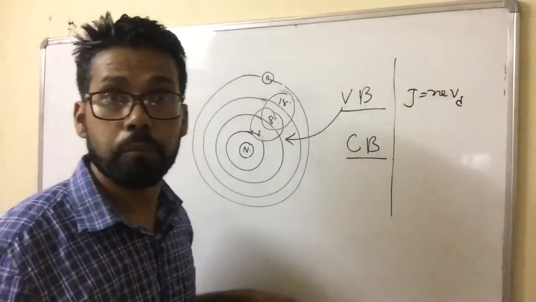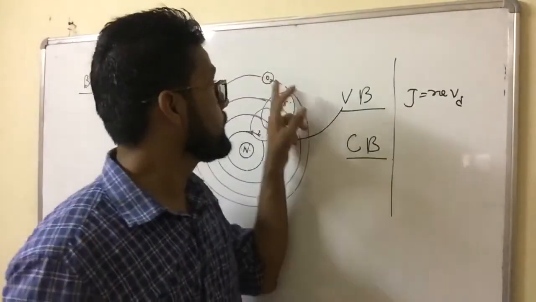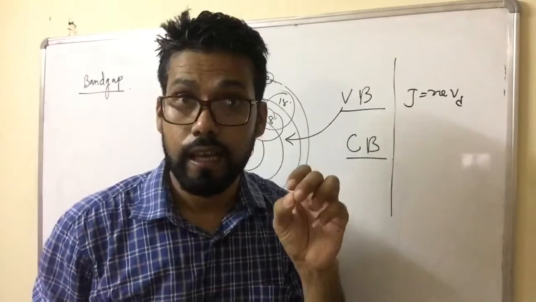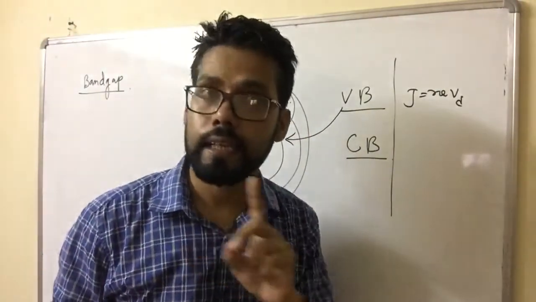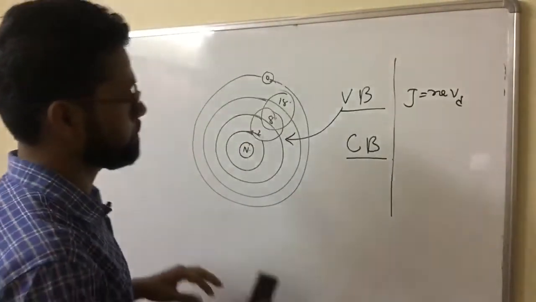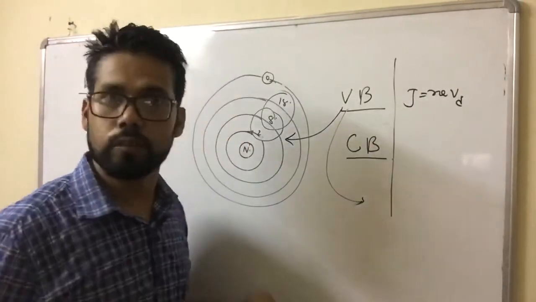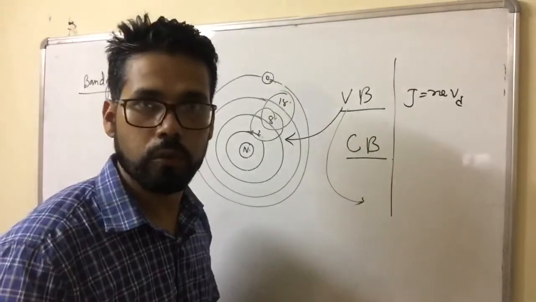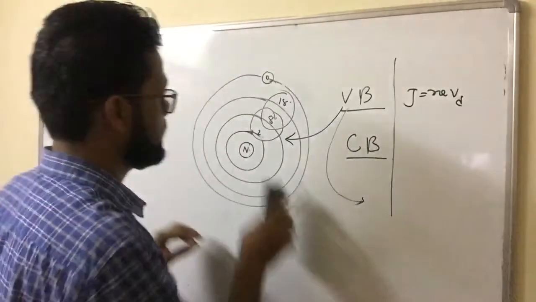The band formed by the outermost shell electrons, which are almost considered free electrons and are responsible for any electrical property of the material, is known as the conduction band. Again: the band formed by closed shell electrons is the valency band, and the band formed by outermost shell electrons, almost free, is the conduction band. Clear?